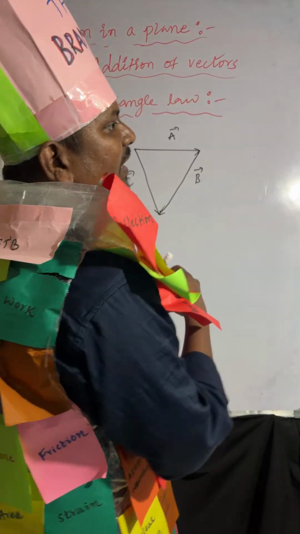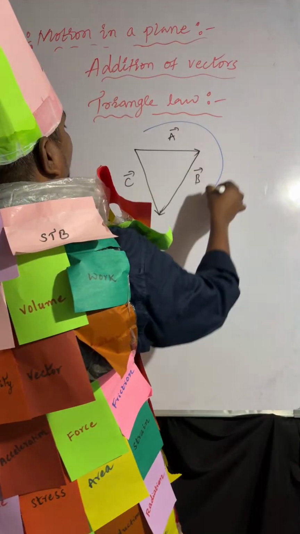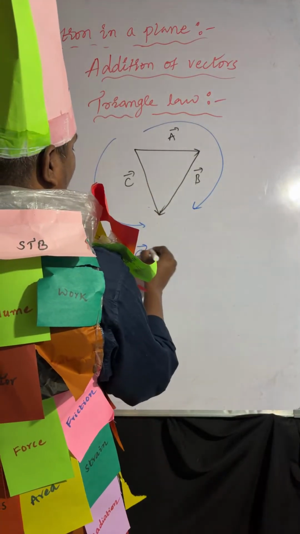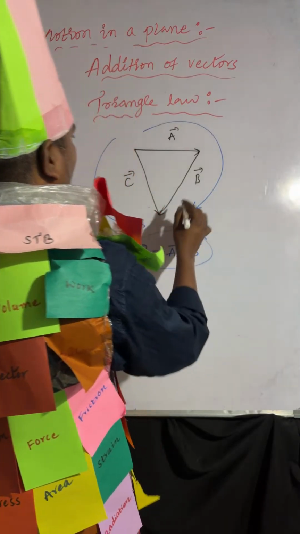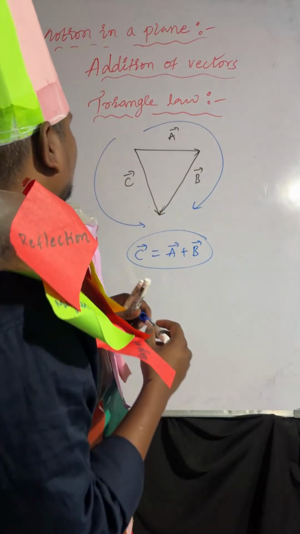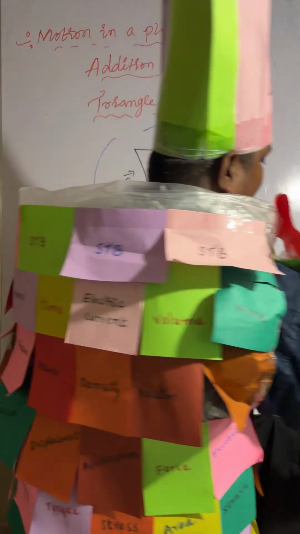Here you can observe A bar and B bar acting in one direction, and C bar is acting opposite. So C bar equals A bar plus B bar. Like this we can take.